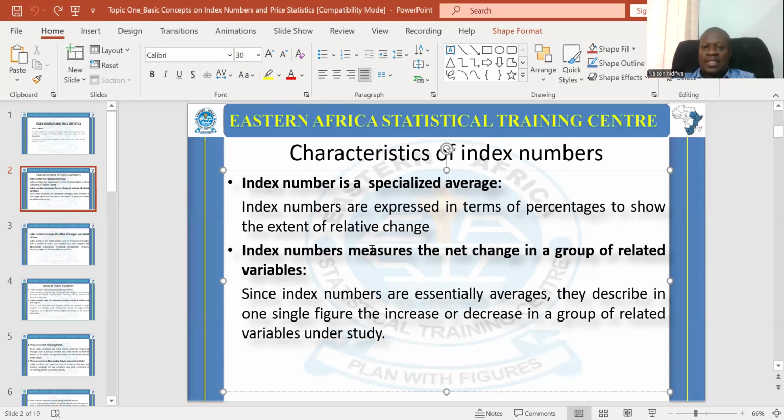What is obtained from the index number is just a change, either an increase or a decrease, in a group of related variables under study, or one variable, depending on the purpose of the index number.